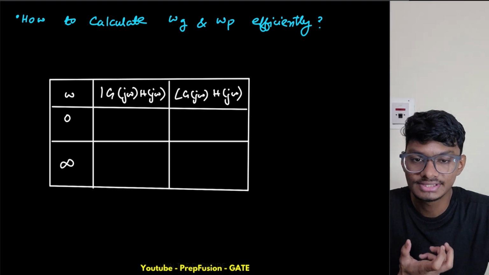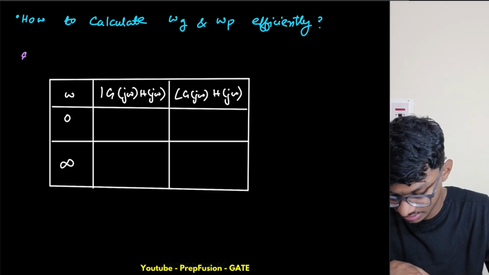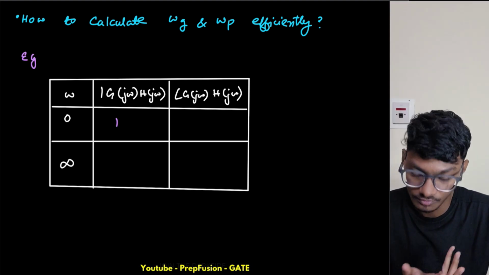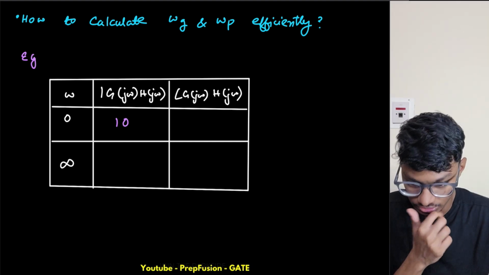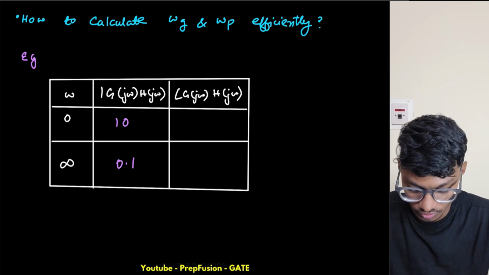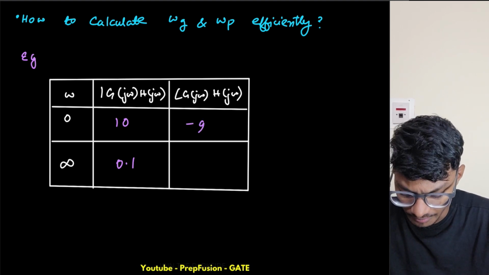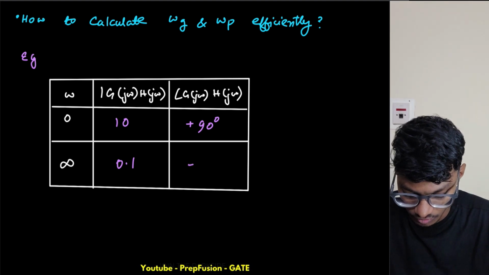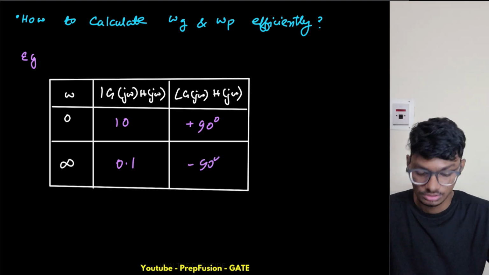This is just an example. Let's say my gain goes from 10, it will always reduce, because my poles will be more than the number of zeros. So let's say it goes from 10 to 0.1, and hypothetically the phase goes from plus 90 to minus 90.